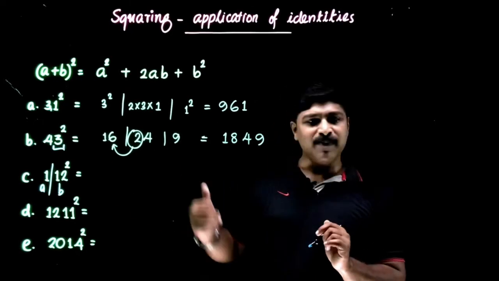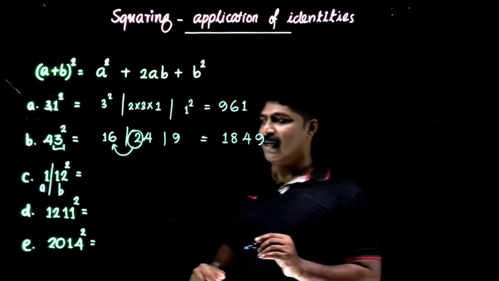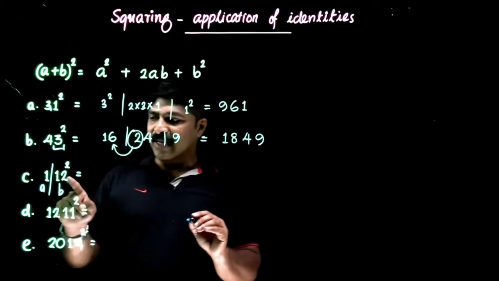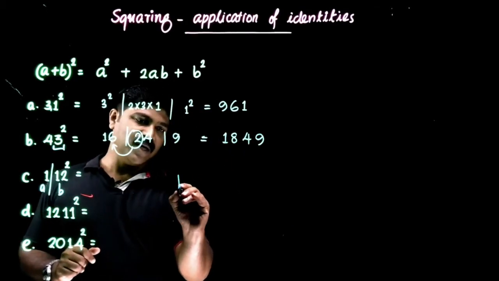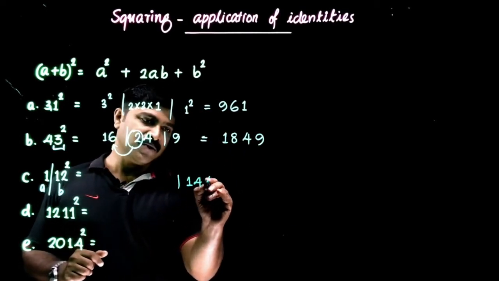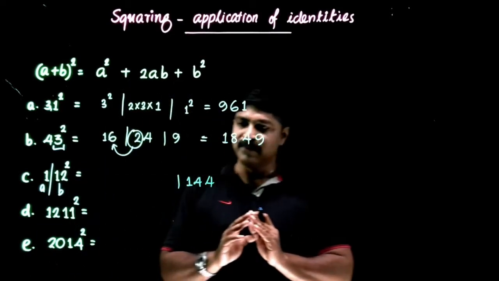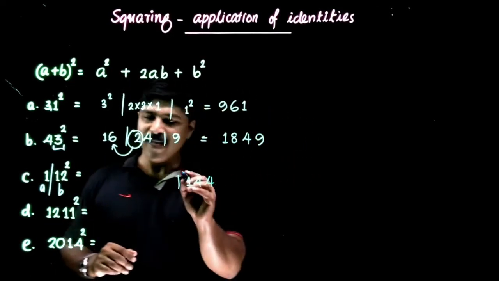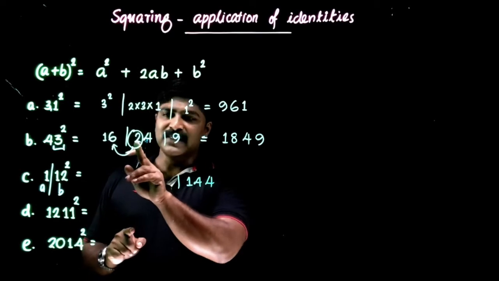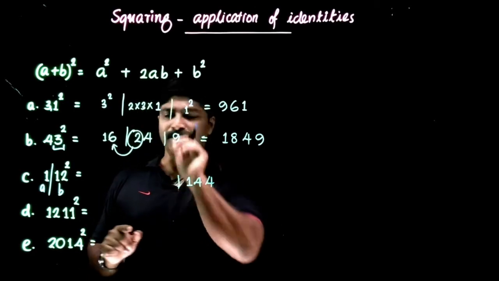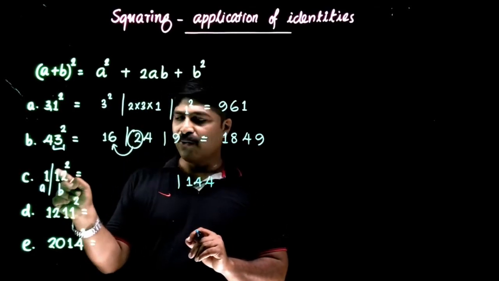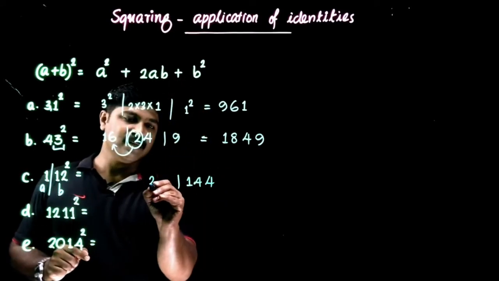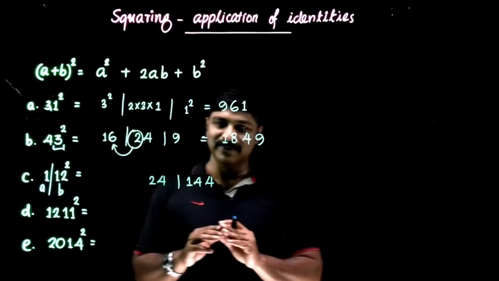So anyway, we can expand it as per this identity. Here the first step is b square. In this case, 12 square. What is 12 square? That's equal to 144. And the second step, that is 2ab. Here, 2 into 1 into 12. What is it? That is 24.